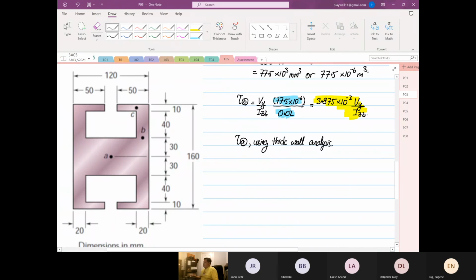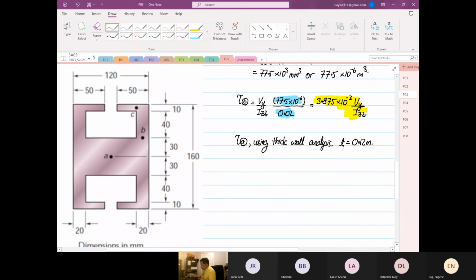Again, the first moment of area is the tricky part. Before we go on, we now know that the thickness is 0.12 meters.